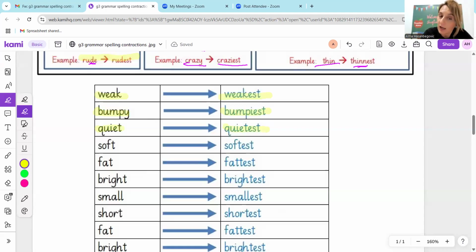Quiet becomes quietest. Soft, softest. Fat, fattest. Bright, brightest. Small, smallest. Short, shortest.